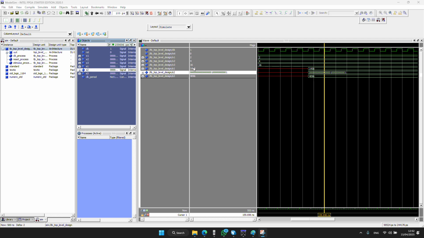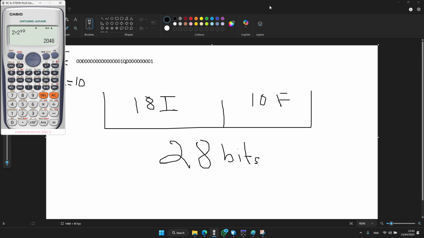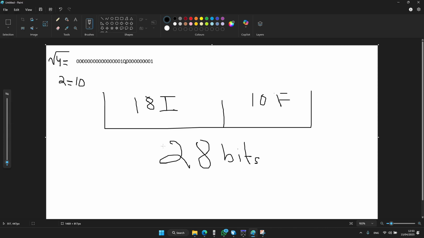As you can see, this should be 1.41, but this is 1458 because there is some multiplication in how ModelSim converts from binary to decimal. Secondly, if you place the decimal point here, then why is there a 1? It should be 2. There should be no 1. Instead of 1, this should be 0.